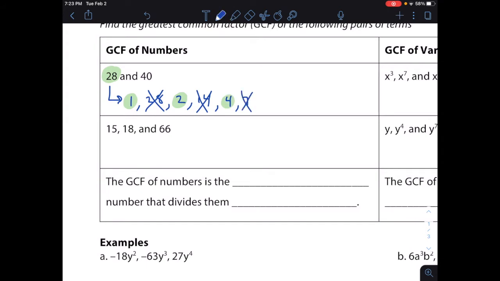So 1, 2, and 4 are the only factors that divide 40 evenly. The largest of those is 4. So the GCF of 28 and 40 is 4.